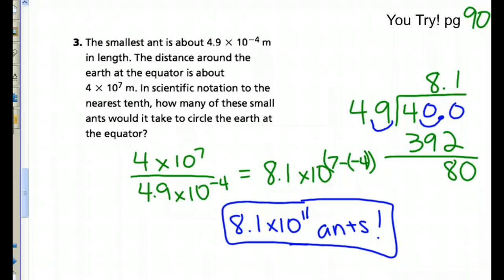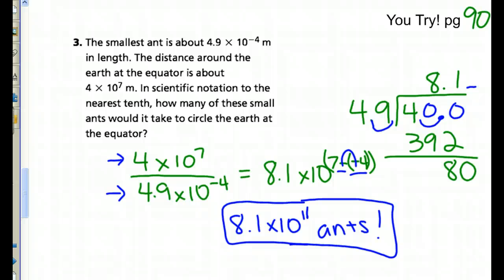Okay, so we just divide 4 times 10 to the 7th, which is the distance around the Earth, by the number of ants that can fit in a meter. And we want to get it to the nearest tenth. So after we get to the tenth, we can stop. It's 8.1 times 10 to the 7 minus negative 4, which actually gives us plus 4.